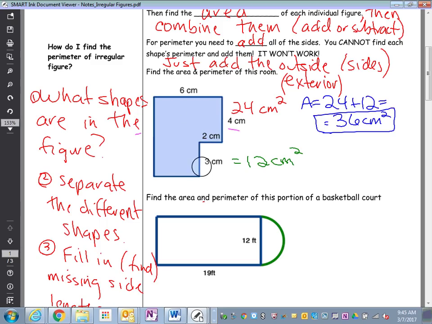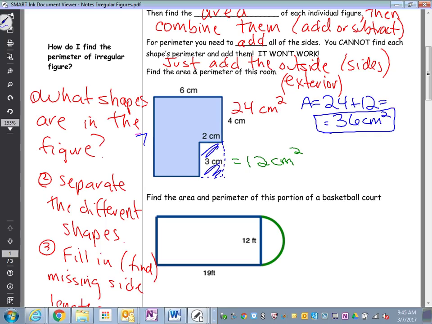When do we subtract? Does anybody see a big shape like a big rectangle? If I filled this in, we'd have a big what? Rectangle, right? So we said this side was 7.